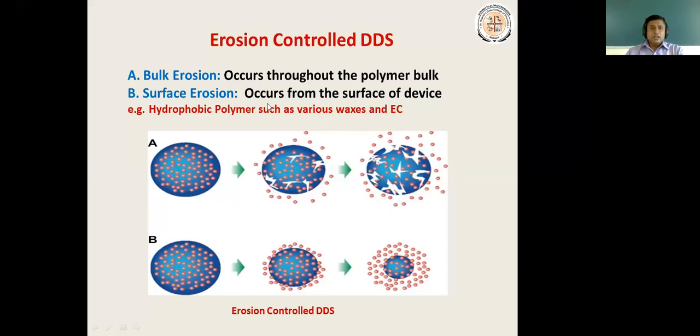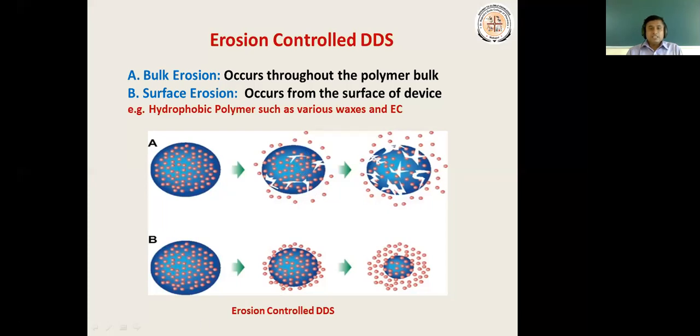In bulk erosion, the physical degradation of the polymer may take place throughout the system or to the center of the matrix. See here in this diagram, this is the initial position when it comes in contact with the dissolution fluid or the gastric fluid.